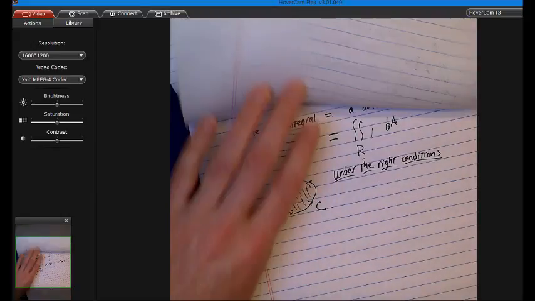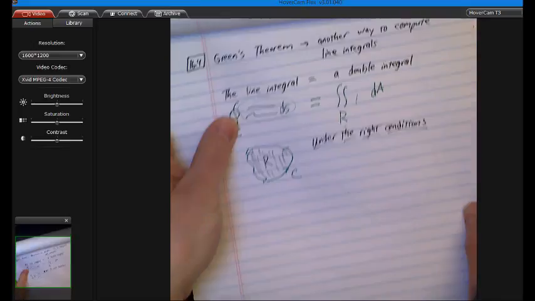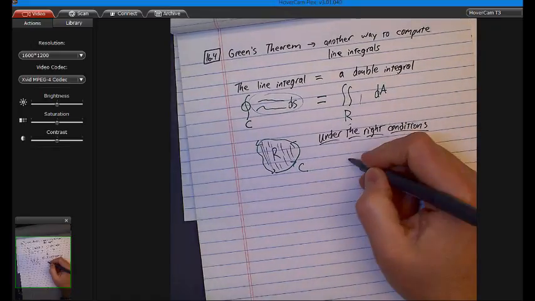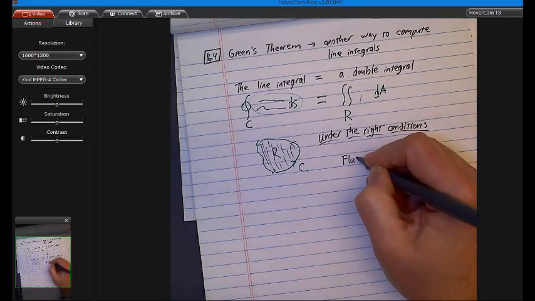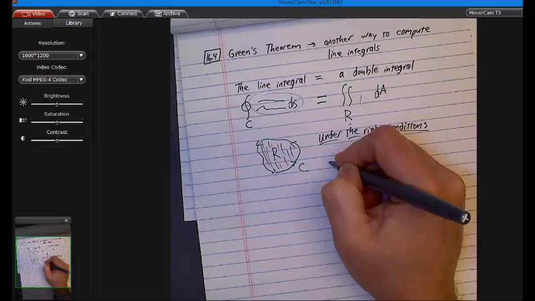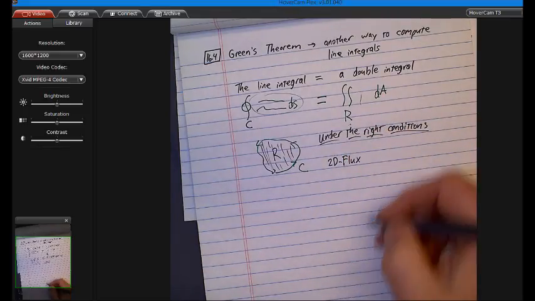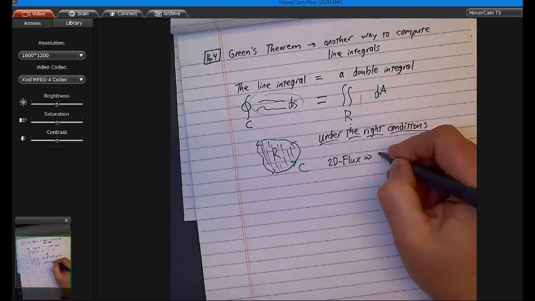I want to think about F dot n for a moment. When I say I'm computing flux, so let's talk about two-dimensional flux for a moment. What is that?